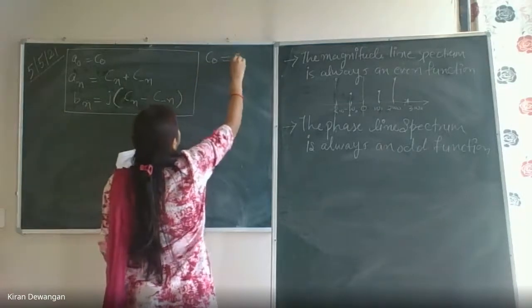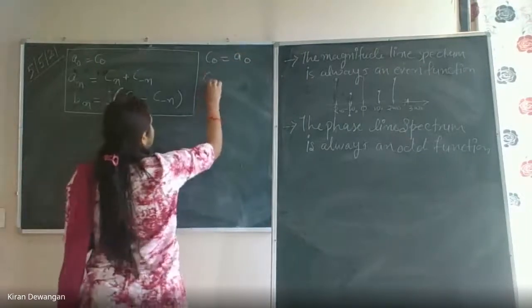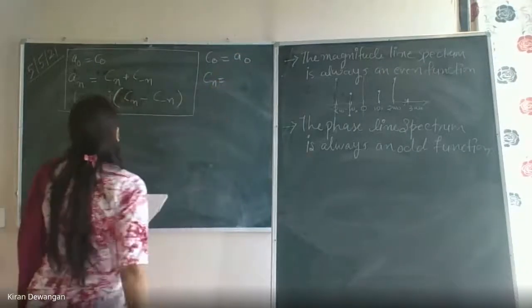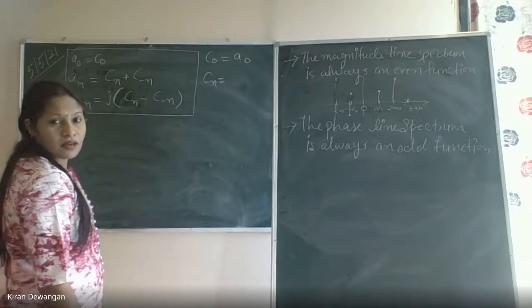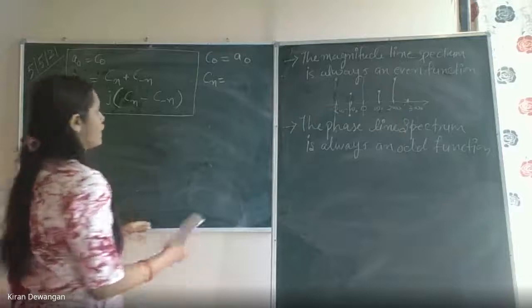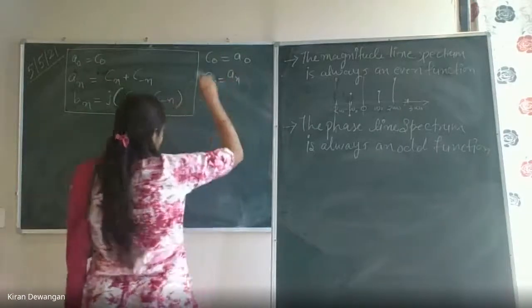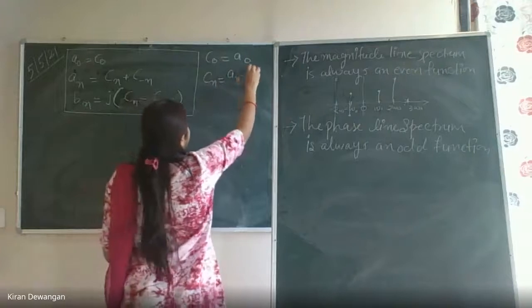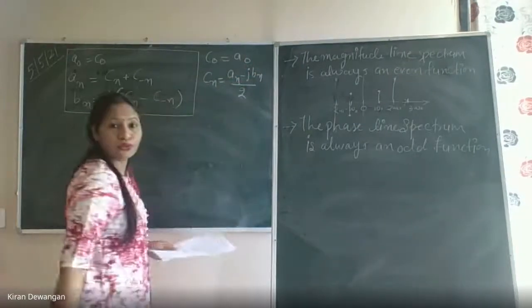Now similarly, we can even write it as b naught is a naught. Now from here, Cn, we can find the value of Cn in terms of An and Bn. हम Cn लिख सकते हैं in terms of An and Bn. That will be a of n minus j bn by 2.